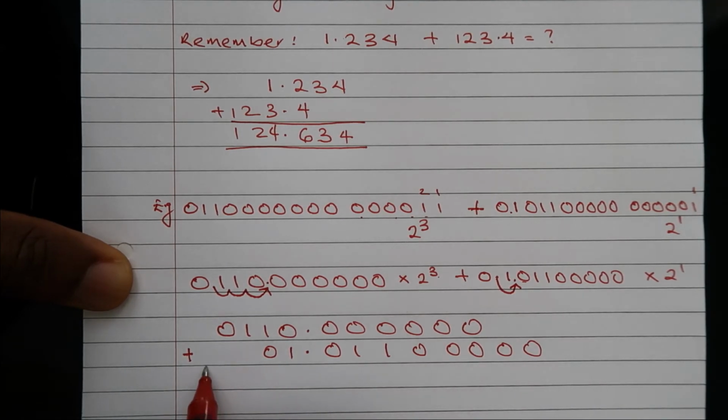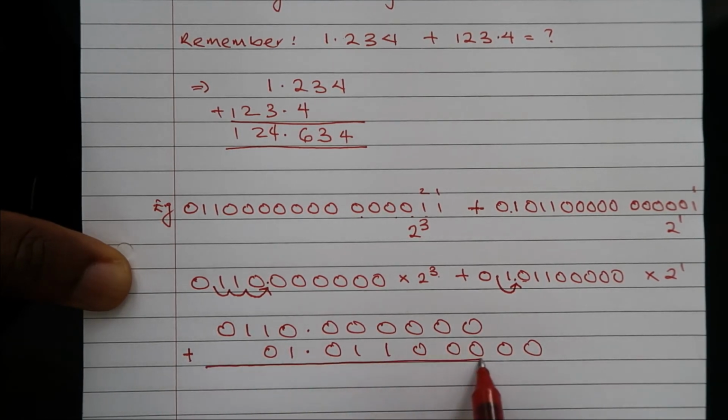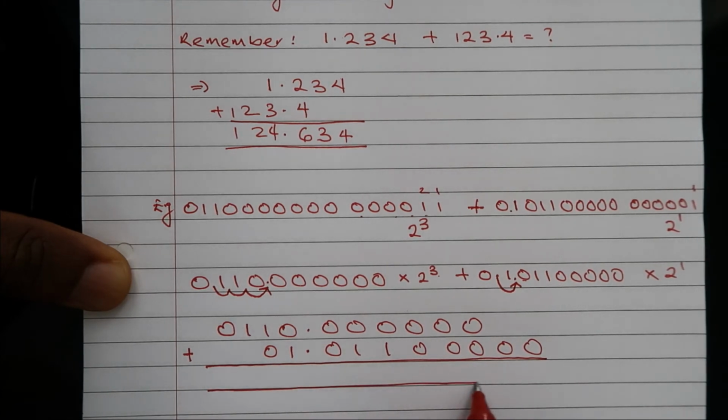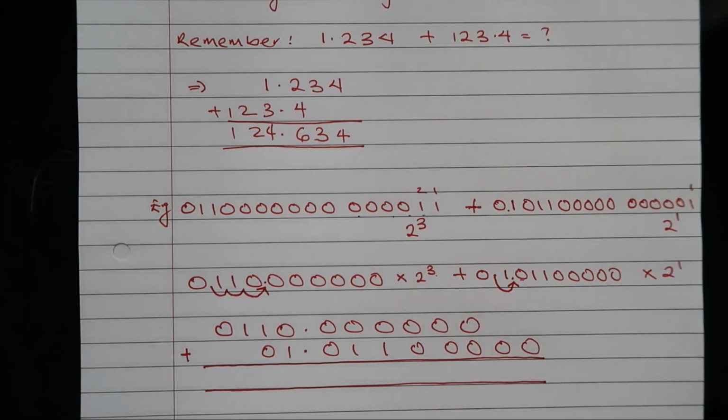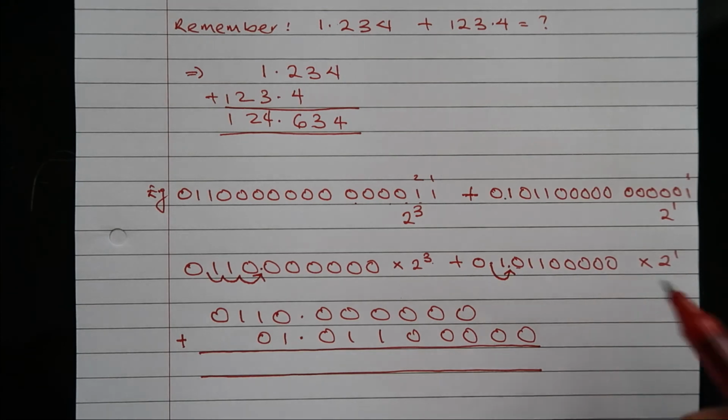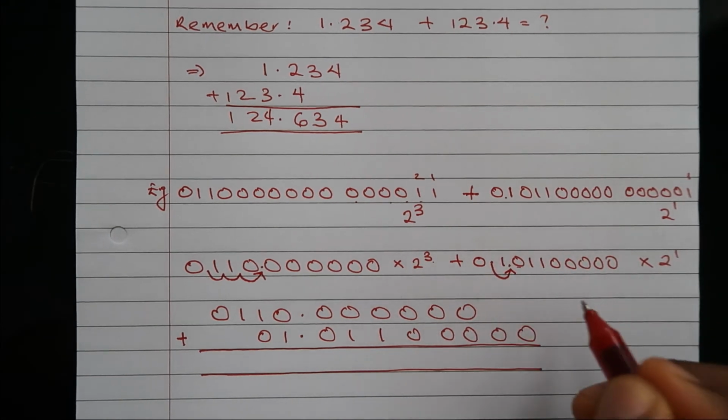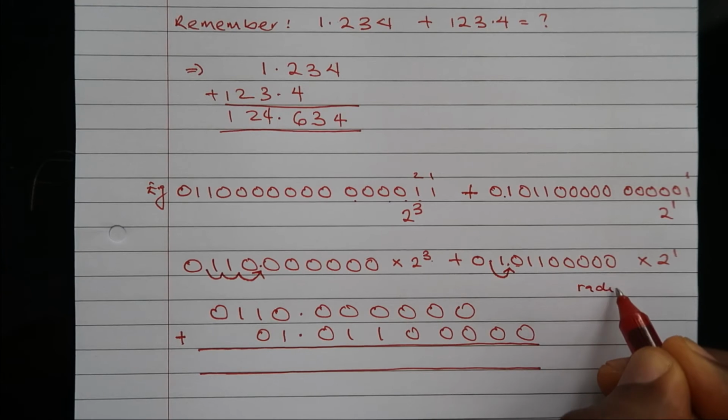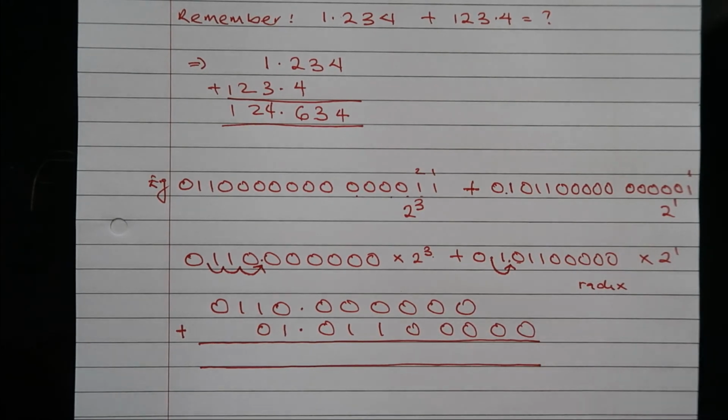I keep interchanging the radix point with decimal point. It's just habit. Because we're working with binary values, it should be radix point, spelled RADIX. So we've aligned our radix point, and we're now going to add the values.